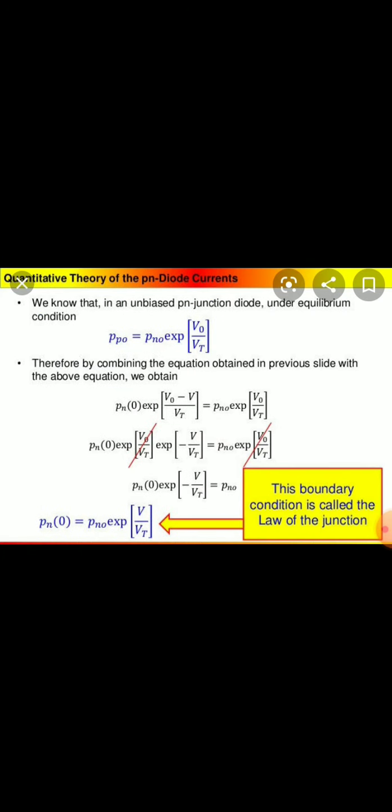We know the unbiased equation, where p naught is equal to pn into exponential V naught by Vt. We elaborate the formula by cancelling V naught by Vt. We get pn of 0 exponential of minus V by Vt, which is equal to p naught. This equation is the boundary condition of the law of the junction.